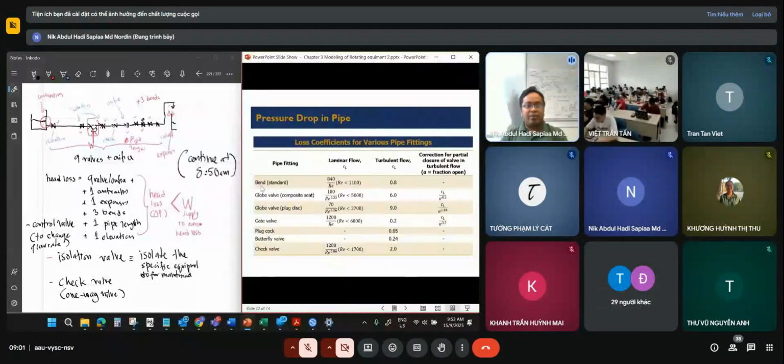So let's say if we have the pipe bend. If the Reynolds number is less than 1100, we use this equation in order to calculate the loss coefficient. Whereas if it's turbulent, when the Re is more than 1100, we straightly use 0.8 here.